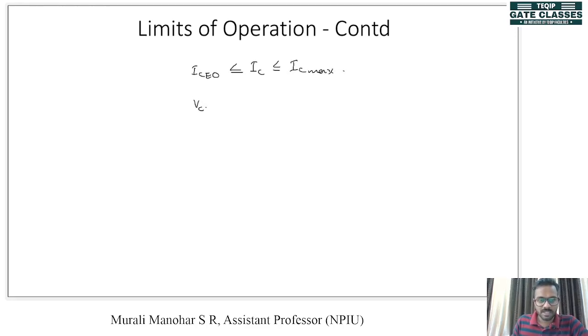Now VCE sat less than or equal to VCE less than or equal to VCE max. This corresponds to the voltage condition, and the power condition is VCE times IC must be less than or equal to the maximum dissipated power, PC max. So these are the limits of operation of a transistor.